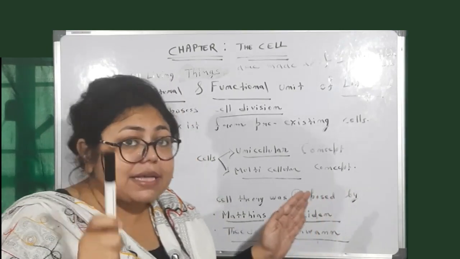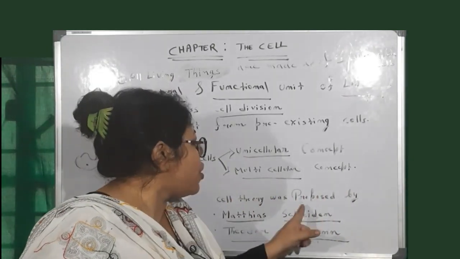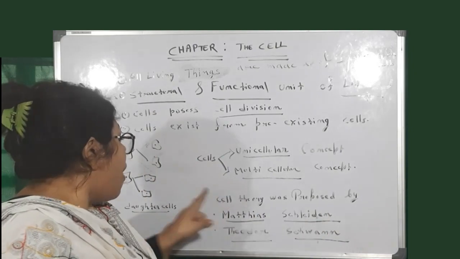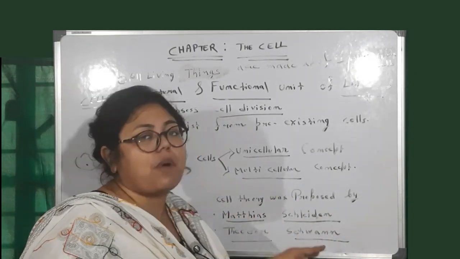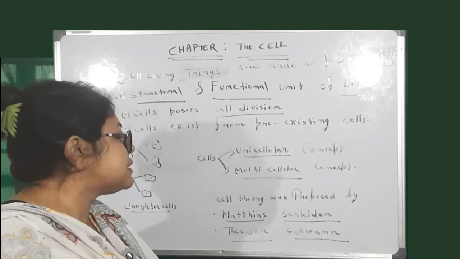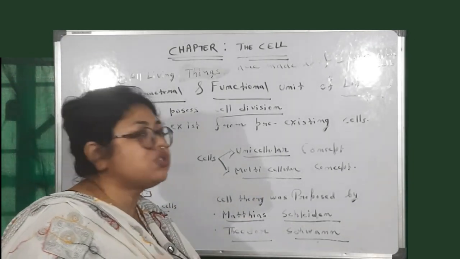So please keep in mind that the cell theory was proposed by Matthias Jakob Schleiden and Theodor Schwann. So these two names must be there. Please check the spellings.